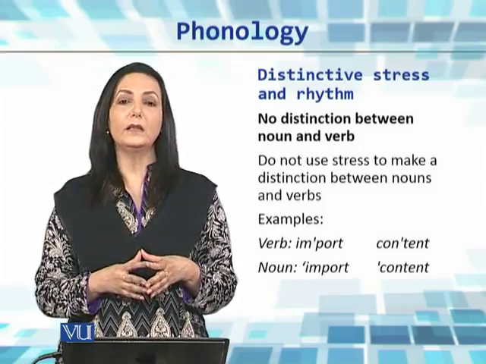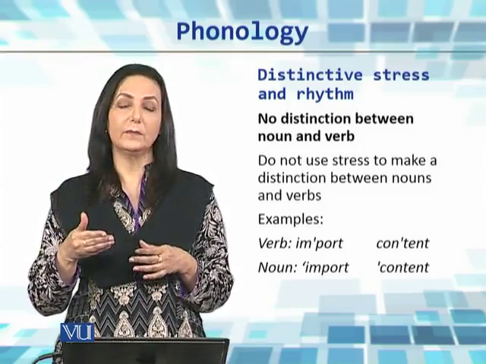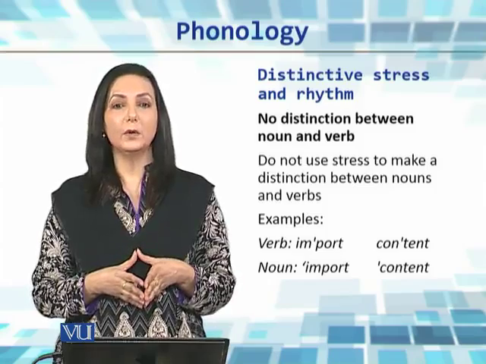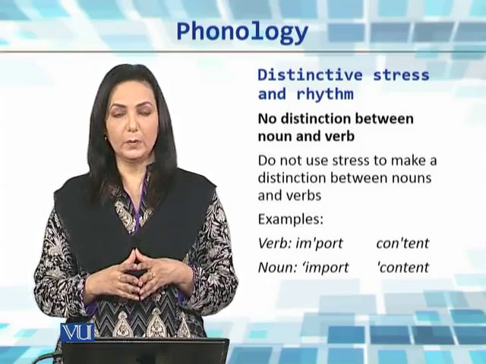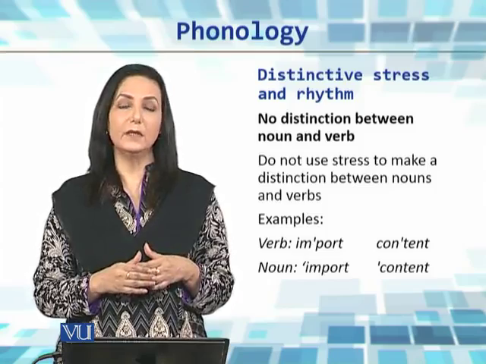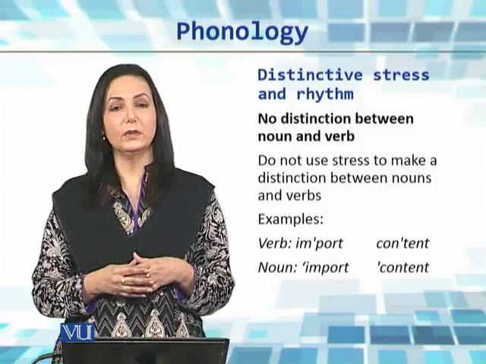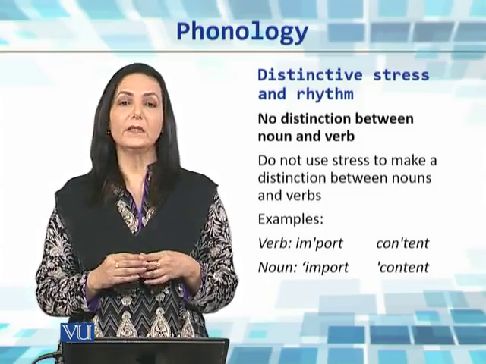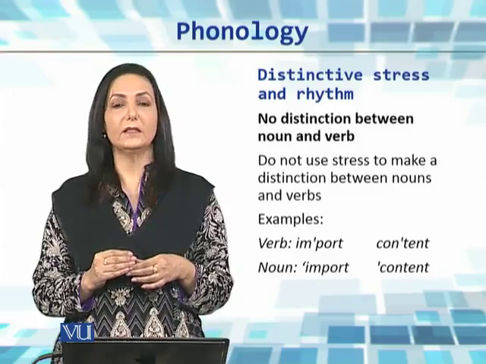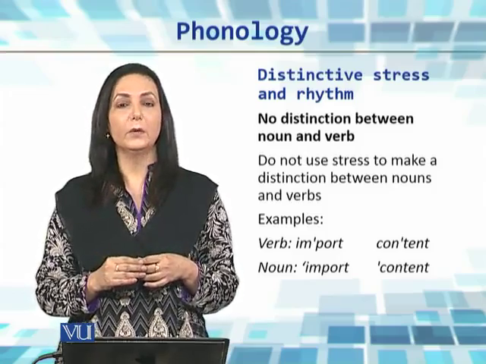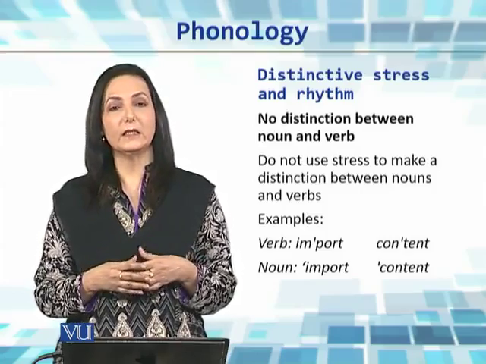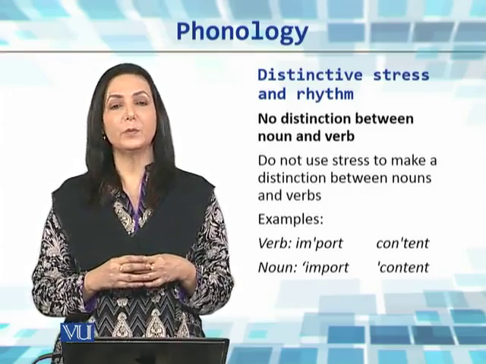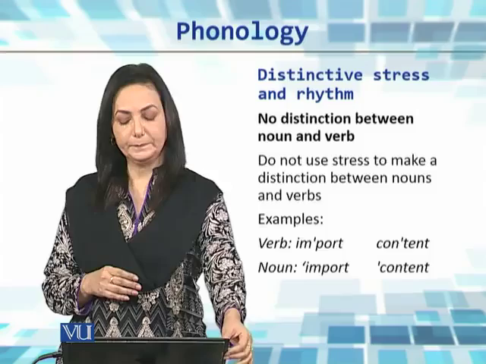But when you mean the list of topics in a book, then you will say contents. So in a noun, the stress is on the first syllable, whereas in a verb, the stress is on the second syllable. This is a distinction that non-native speakers of English, or the outer circle or expanding circle speakers of English, fail to make when they speak English.